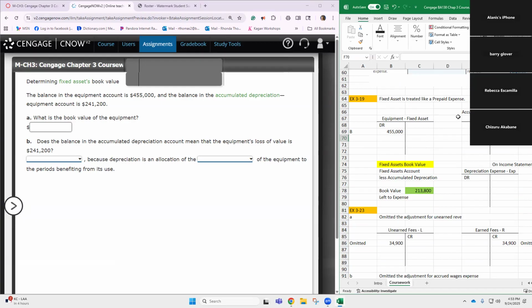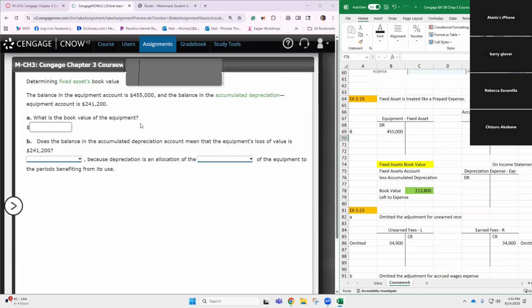Each of these starts with a beginning balance. It says, what is the book value of the equipment? So here's how you find book value. If you want to write this down, book value of this asset is the asset value minus the accumulated depreciation.